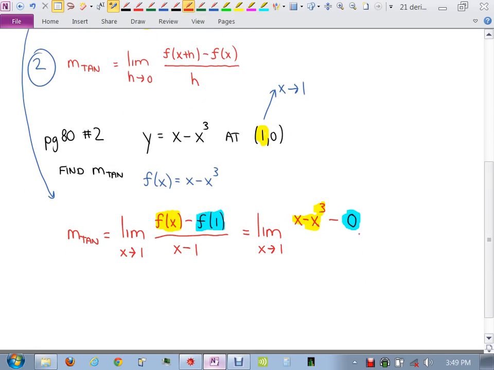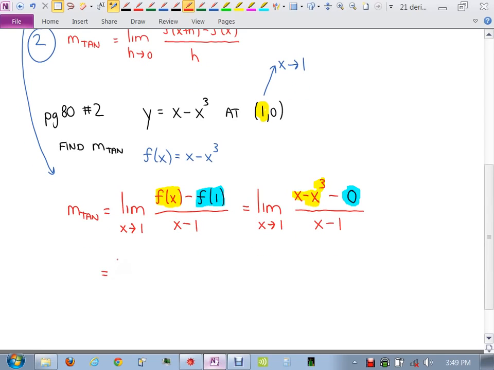Then over what? x minus 1? Yeah? So I haven't taken a limit or anything. All I did was plug the pieces in.